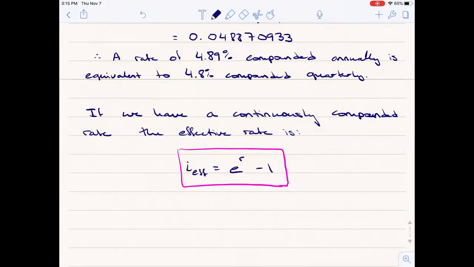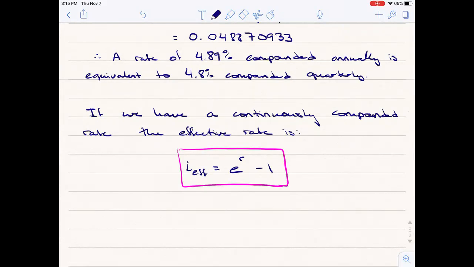And that was part of our example when we introduced continuous compounding: okay, I've got this continuously compounded rate. If I had to achieve the same future value with an annually compounded rate, what would that rate be? So we did that in class, and we found that the difference between the rates isn't actually that big. So it's pretty minimal. And so the effective rate is what we were finding before.